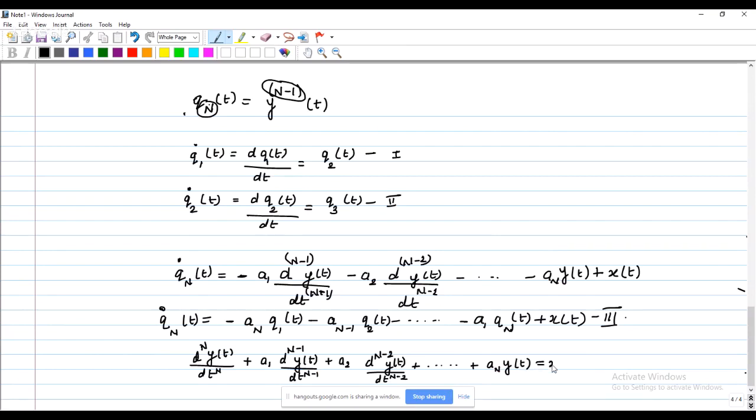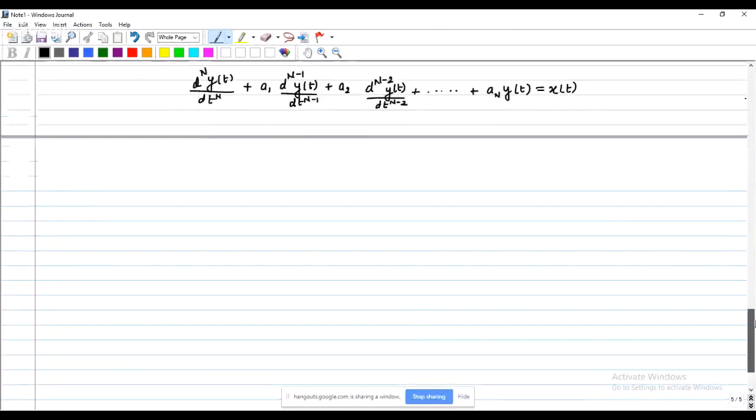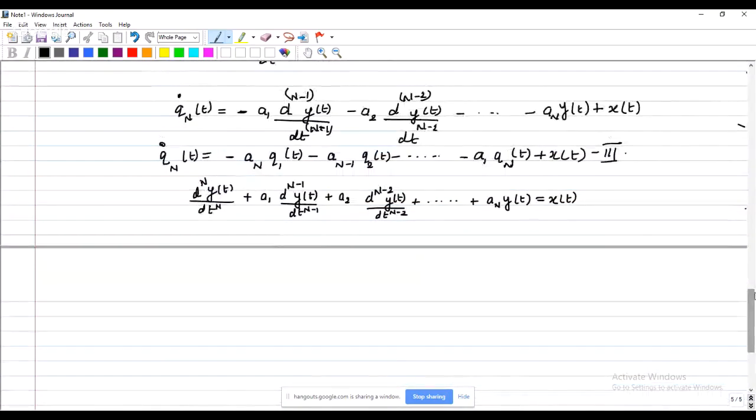This is equal to x of t. Now let us replace each of them with the variables. So I'll use some other colors here.